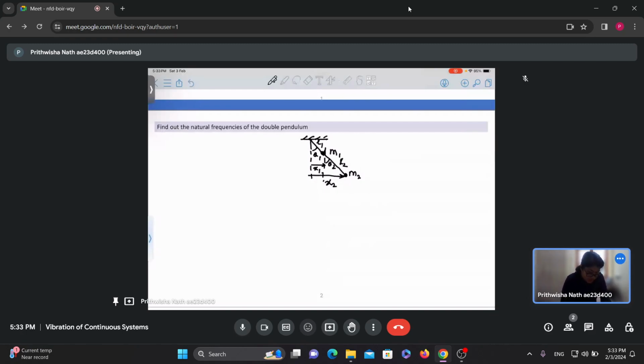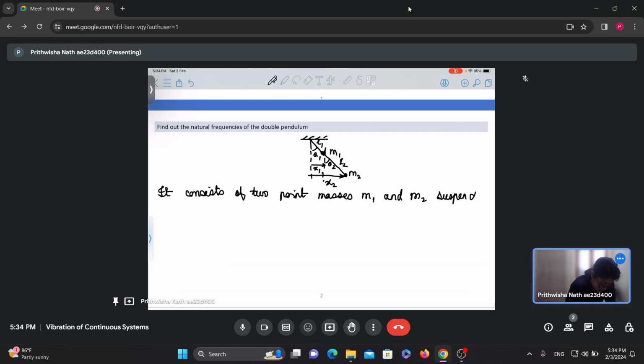In this question, it consists of two point masses M1 and M2 suspended by strings of length L1 and L2, and the masses are considered to have only horizontal motion.